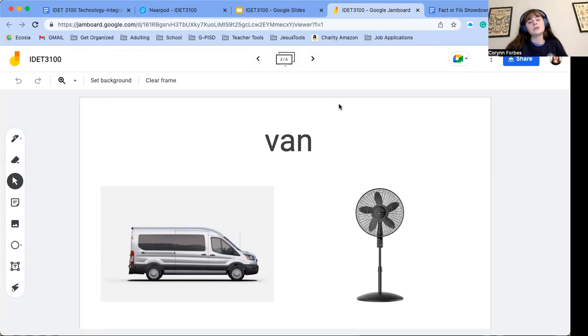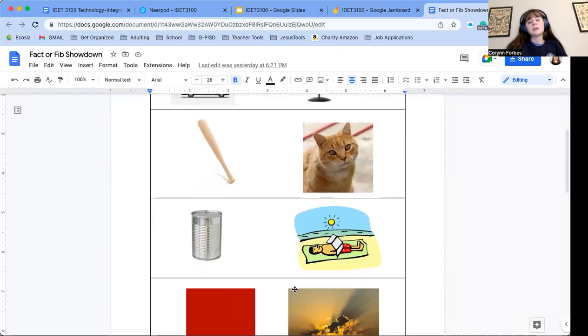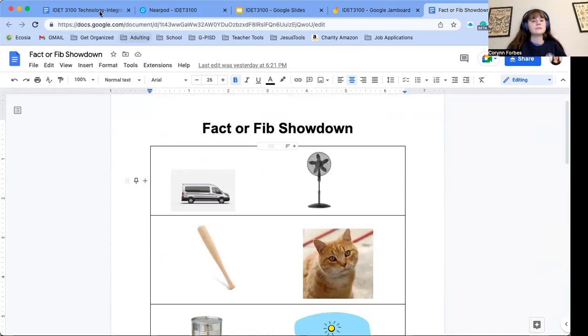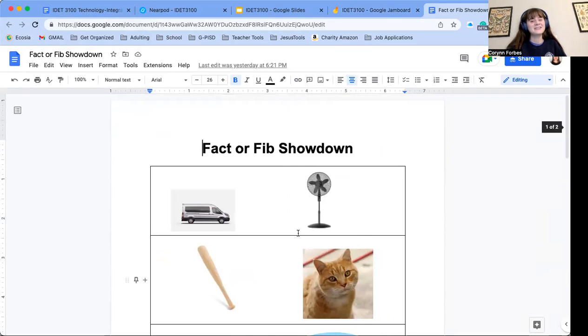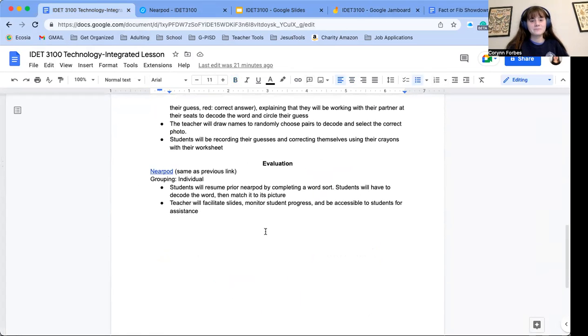Each pair, as they get a turn, would come up to the board, but while they are waiting for their turn, they are still going to be participating by using this factor fib showdown recording sheet. And as you can see, the word is not presented here, so they can't get ahead. They have to look at the Jamboard to be able to know what the word is.